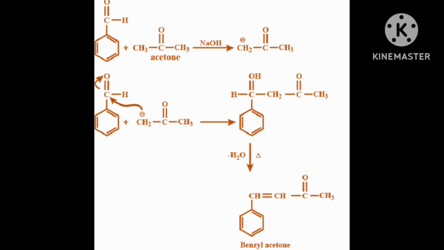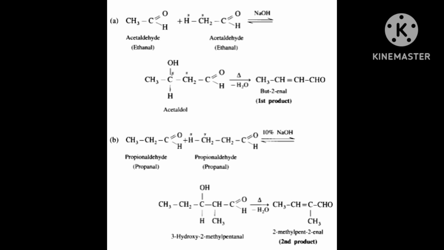Hence you will get CH3CH2, and the third carbon CH and the fourth carbon CH, between them it will be a double bond, and only with the second carbon you will get CH3, and from that carbon CHO is attached.